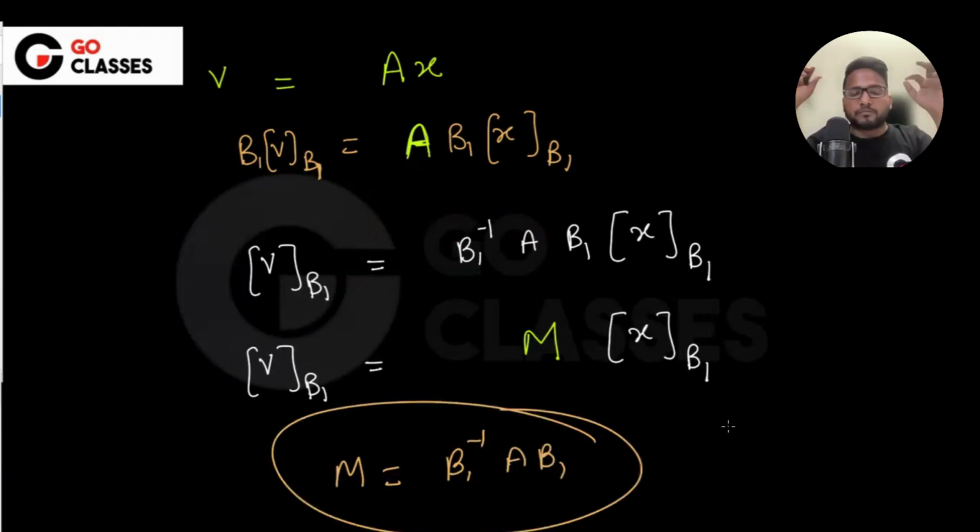So can anyone tell me in terms of words, in terms of English, what does this M do? You can unmute yourself, and if you like, you can just tell me what this M does. Okay. Anyone wants to speak? Okay, sorry. Now you can unmute, right?